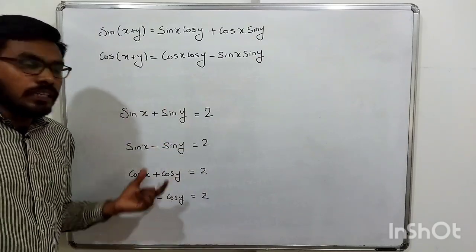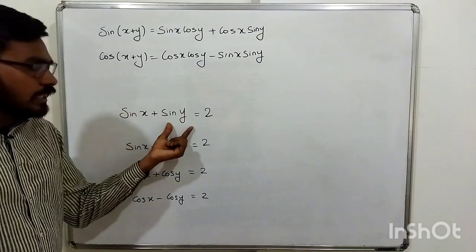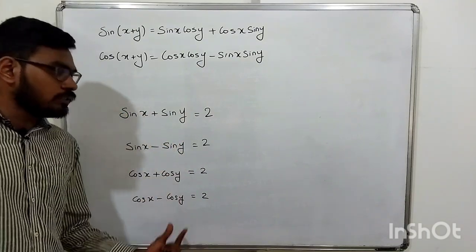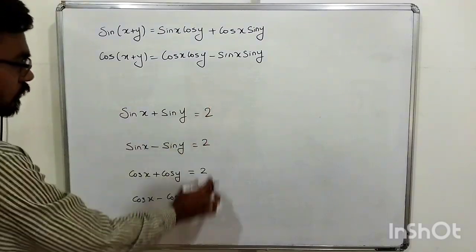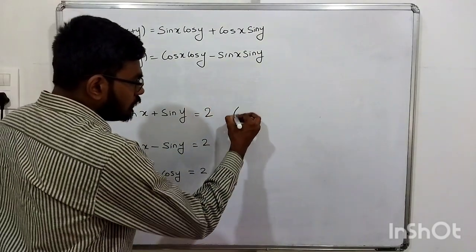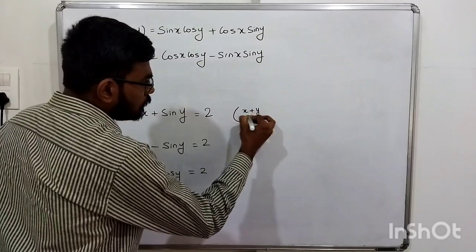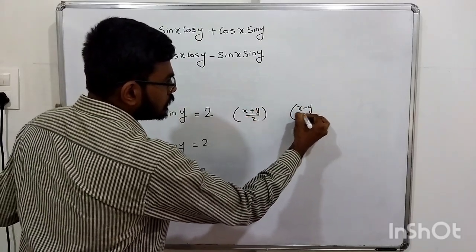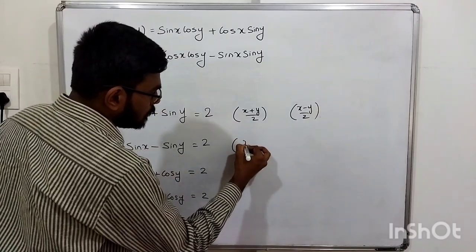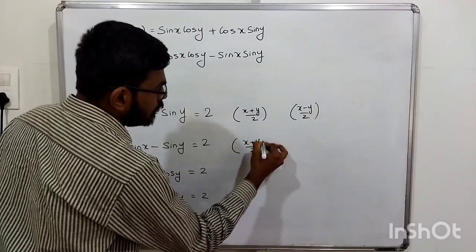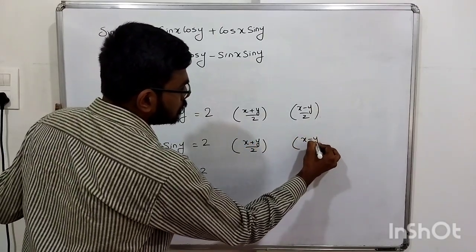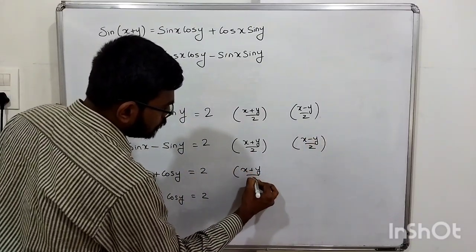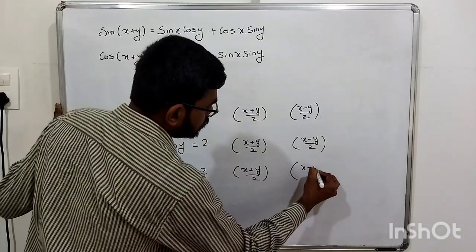Factorization formula means sin x plus sin y, sin x minus sin y, cos x plus cos y and cos x minus cos y. So this thing is common in that. Then one more thing is common: x plus y upon 2 and x minus y upon 2 here. Similarly here, and similarly in the third.